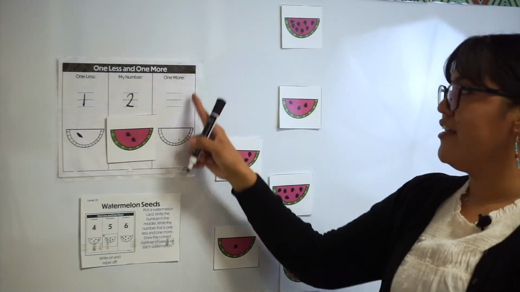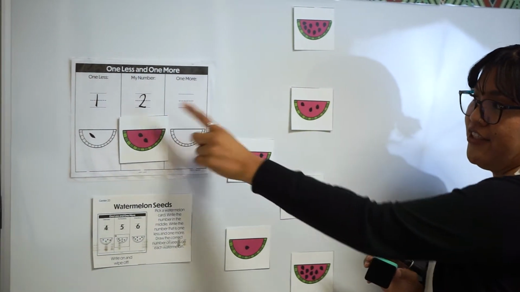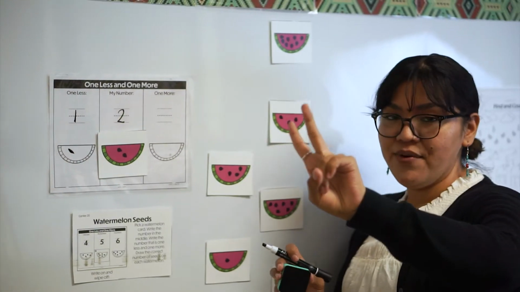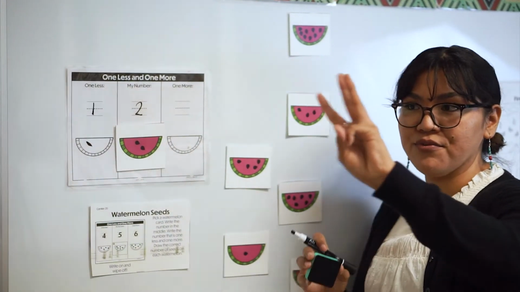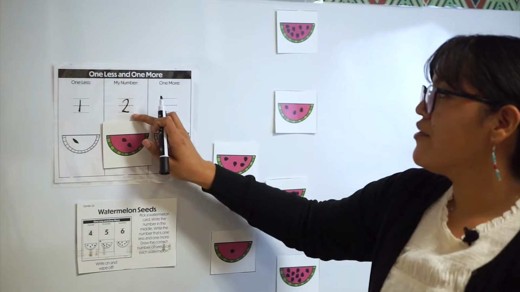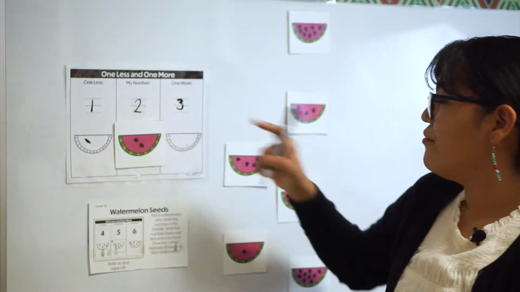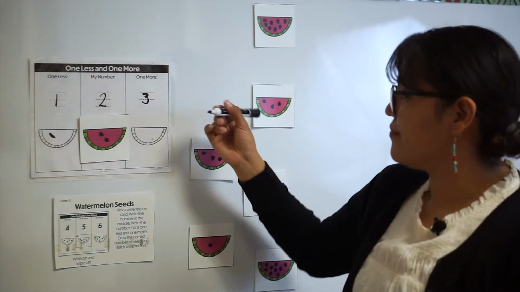Okay, let's look over here. What is 1 more than 2? Have 2 fingers up and you add 1 more. How many fingers do we have up? 1, 2, 3. So 1 more than 2 is 3. So we're going to write the number 3 right here, and then we're going to draw 3 watermelon seeds.